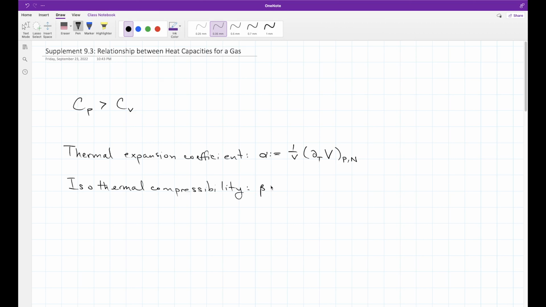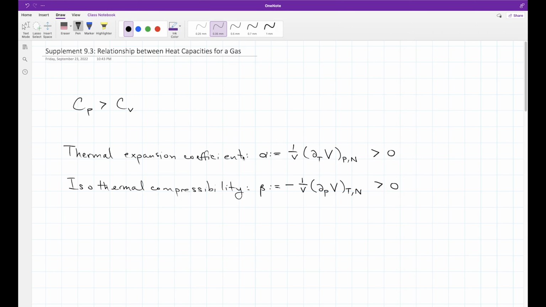And this is often called beta, and it's defined to be minus 1 over V times the partial with respect to P of V at fixed T and N. Let me go over what each of these is and then talk a little bit about why we expect both of these to be positive.